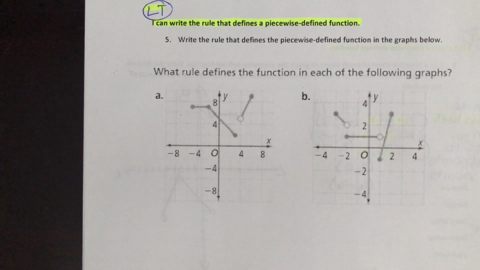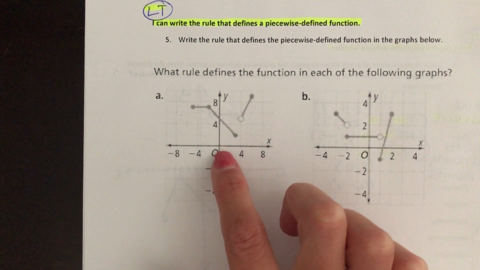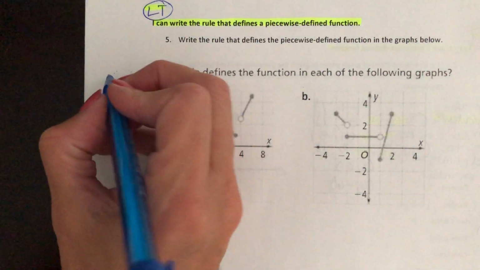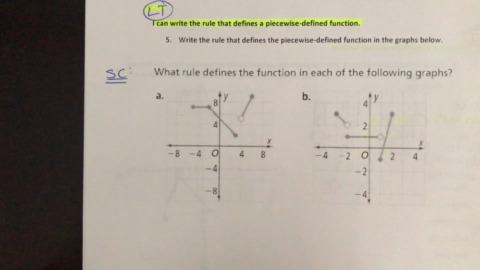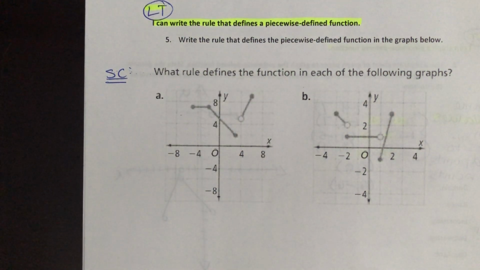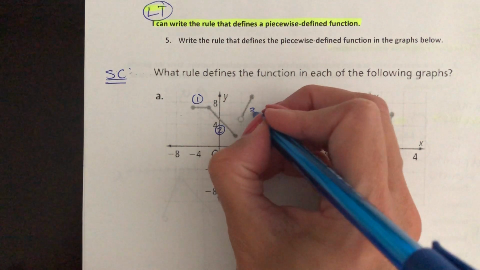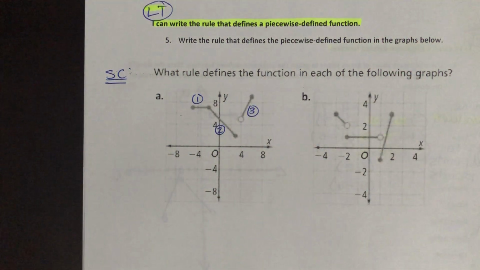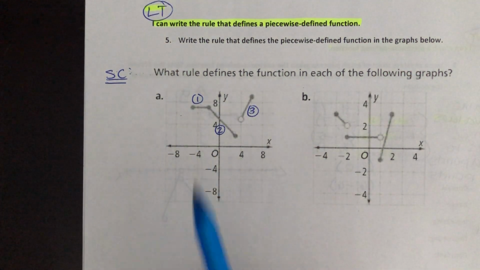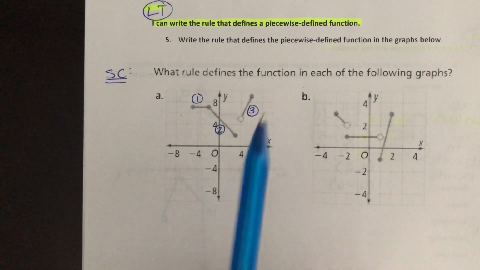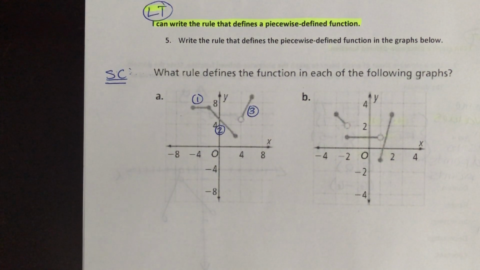So let's look at letter A here. The first thing you want to do, well, I always number them 1, 2, 3. So I have 3 pieces, so that means I'm going to have 3 equations with 3 domains, a domain for each.